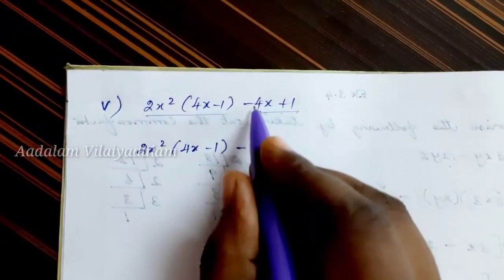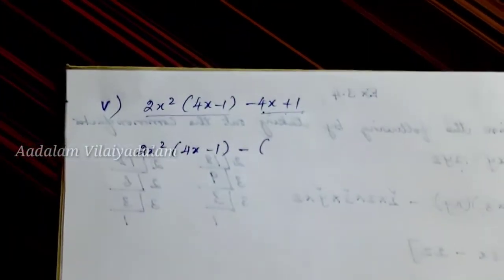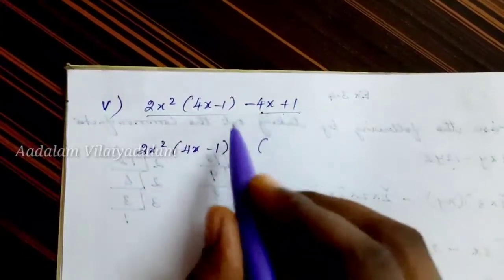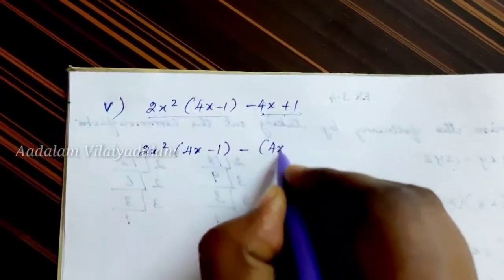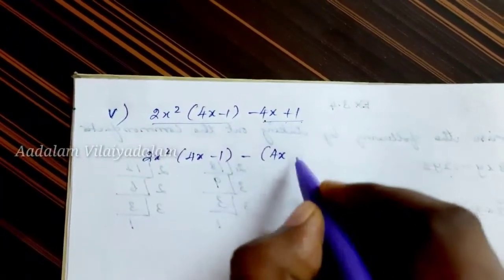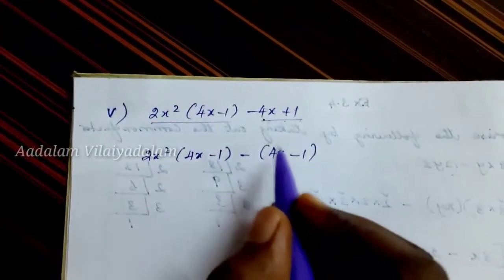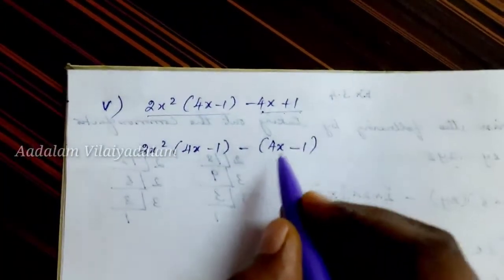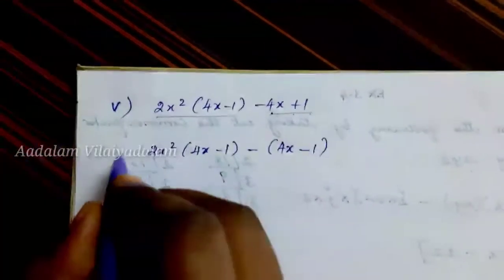If I take the minus, we get plus 4x, then the plus sign will become minus 1. So if I take the minus as a common sign, then we will be getting 4x − 1.